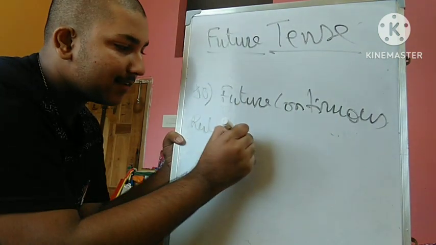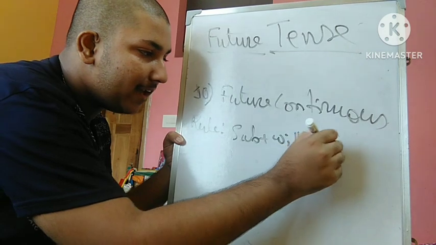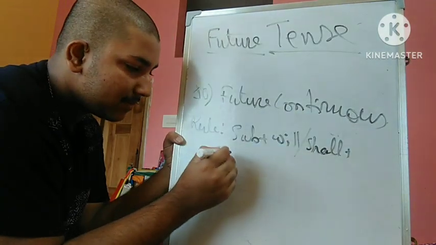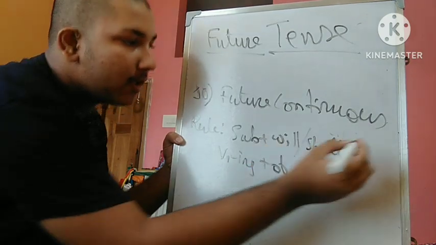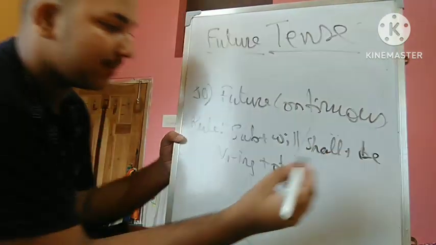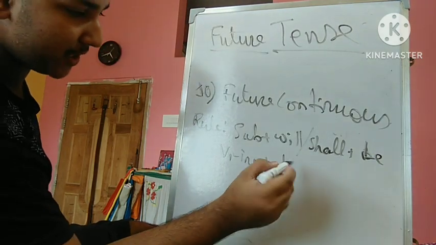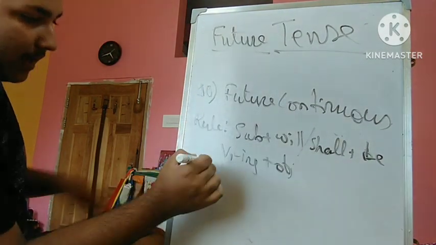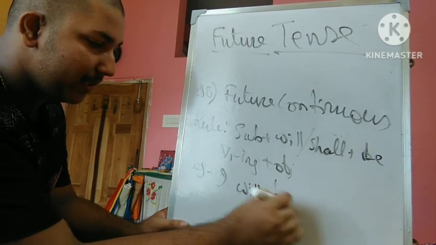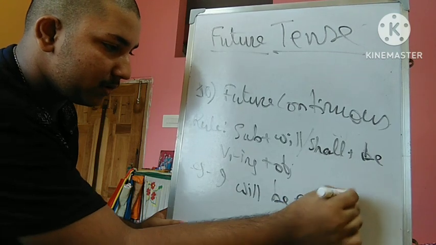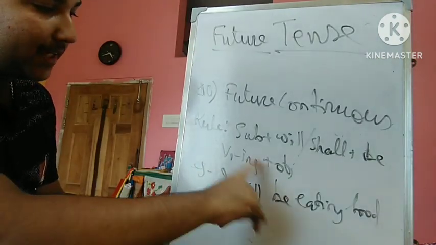Its rule is subject plus will or shall plus be plus V1 ing plus object. Example, I will be eating food.